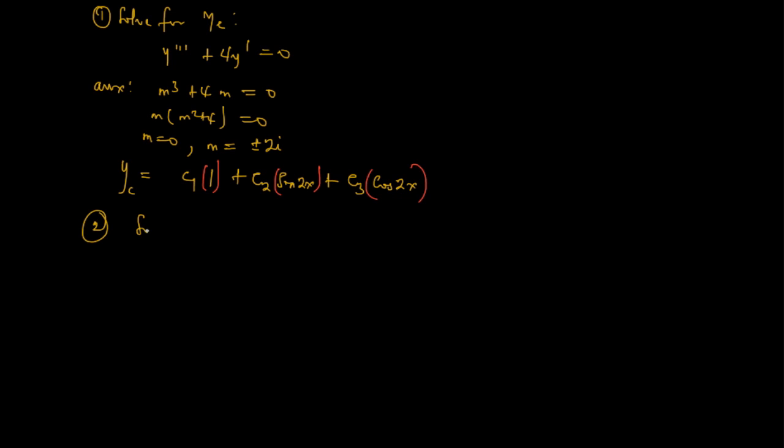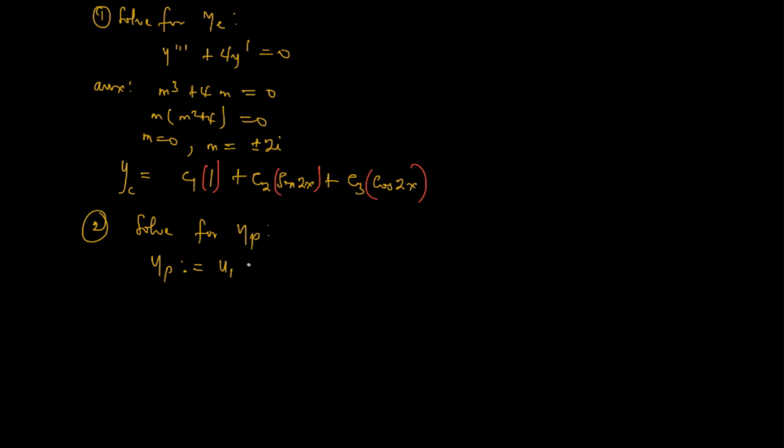Now the second step is solve for yp. How do you solve for yp? The first thing is we need an assumed form for the yp. The assumed form says all your constants, make them functions of x.